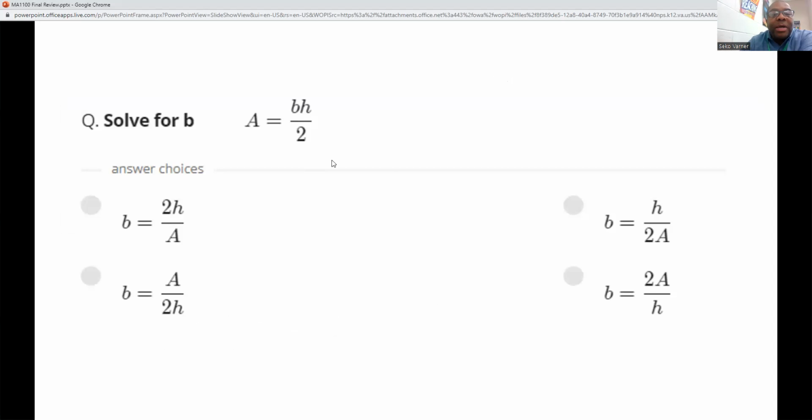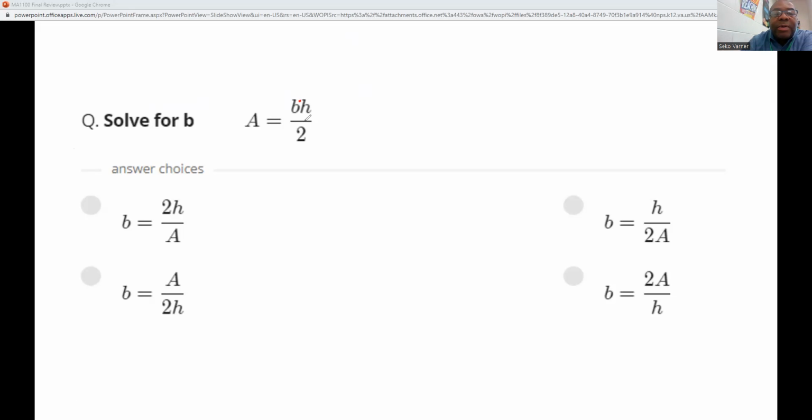I'm solving for B. Wow. This one is a challenge. I'm solving for B. Okay. So it says I need to solve for B. Right here I see BH, which really means B times H. So the first thing I want to do is get rid of this 2 here.